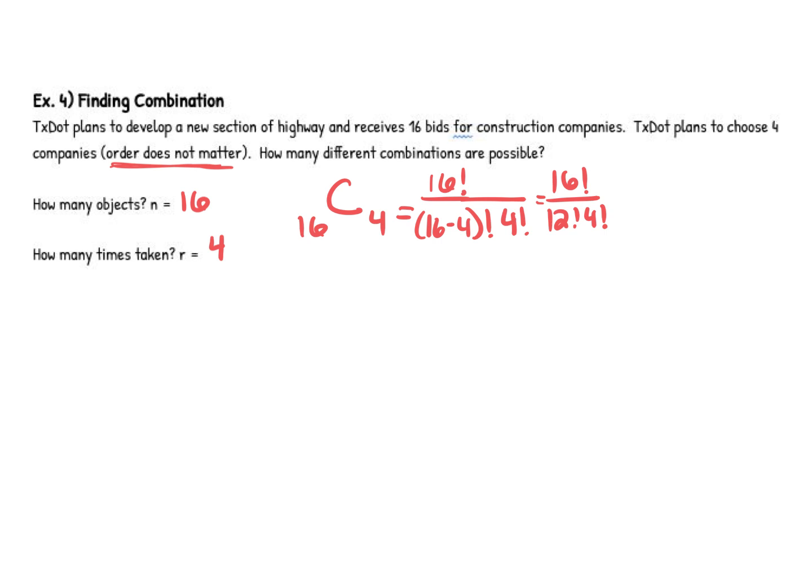And when we draw that out, 16, 15, 14, 13, 12, 11, 10, 9, 8, 7, 6, 5, 4, 3, 2, 1. We know that our 12 factorial is going to take up all of those 12 spaces.